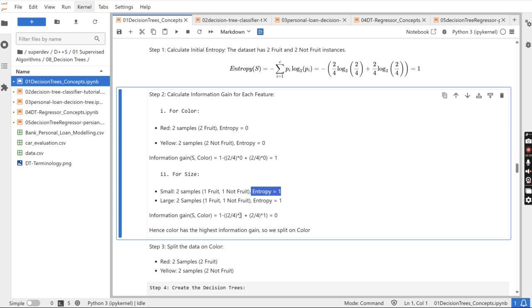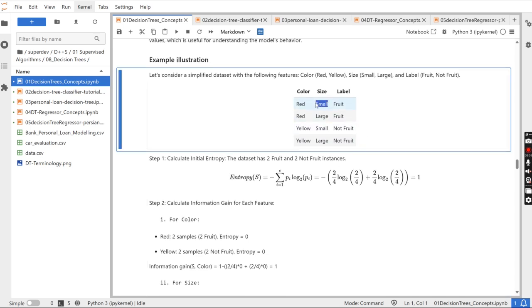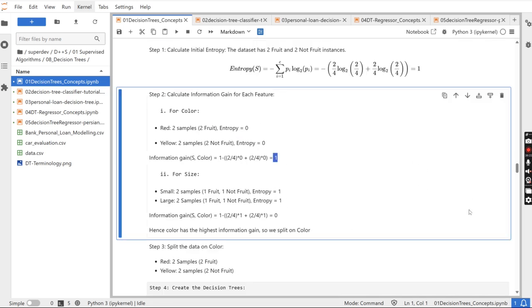Plugging into the equation, 2 smalls out of 4 values, 1 fruit and 1 not fruit, so all values become 2 by 4, and hence entropy becomes 1 for both small and large values. Now the information gain is 1 minus 1, which is 0.